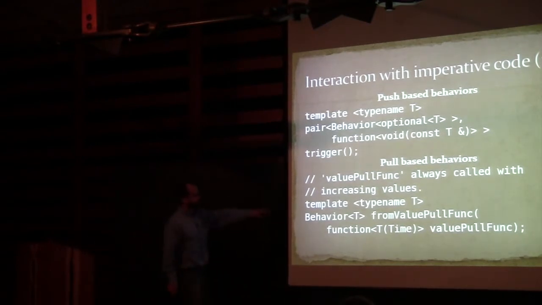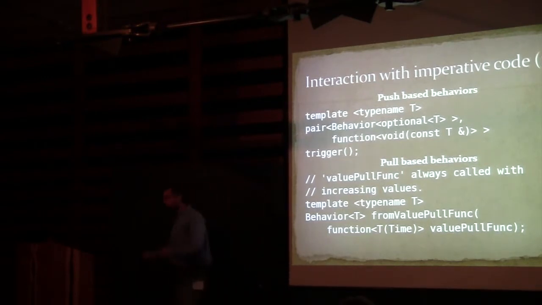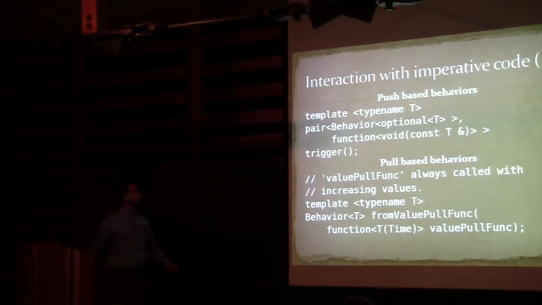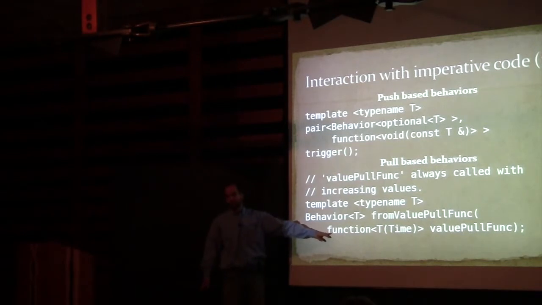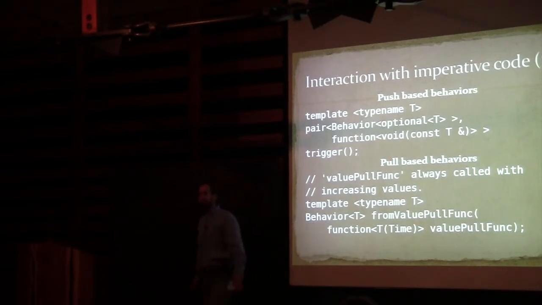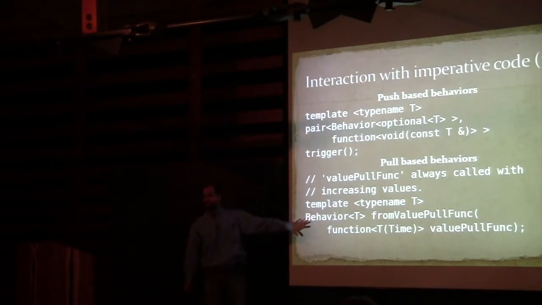Or we have pull-based behaviors, which means that whenever this behavior is being used, or conceptually you can just think about it as this function of time, and this isn't a pure function, this can be impure, it can get the mouse position, is going to create a behavior of that type. And we can just say that at the end of the day, you're going to be pulling these behaviors out. You're going to say, give me your value now. Give me your value now. And with one of these pull-based behaviors, it'll call this function to give you the value at that time.